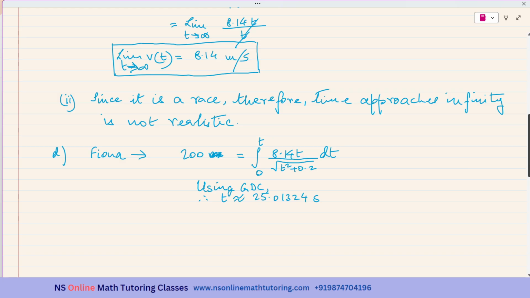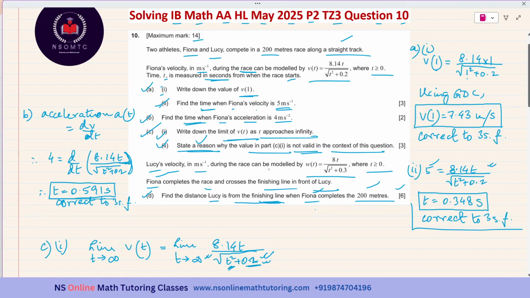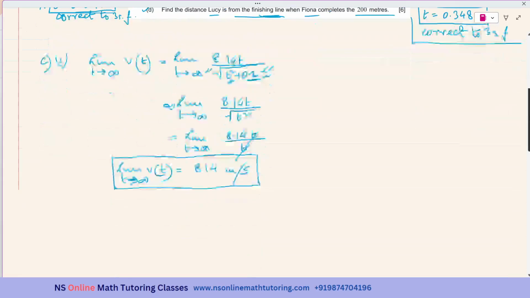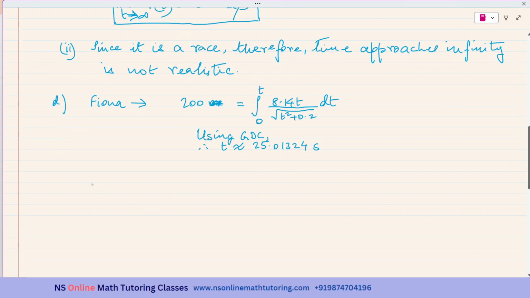And now we will be finding the distance traveled by Lucy during this time. And Lucy's velocity expression is this: 8t over square root of t squared plus 0.3. Okay. So now Lucy, we have to find the distance traveled is equal to, now we know the time interval.